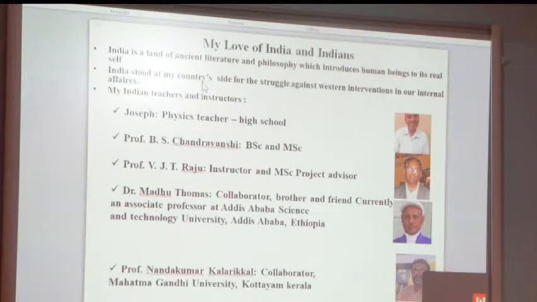I had the opportunity to visit India for academic reasons and found India to be a land of ancient literature and philosophy, where I learned a lot about their contribution in introducing humanity with its real nature, because their philosophy teaches that the physical universe actually is just mental, not absolutely real in itself.